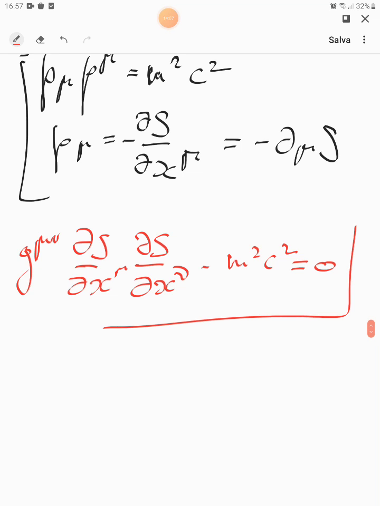We are in a Schwarzschild spacetime, so the metric tensor has a particular form.